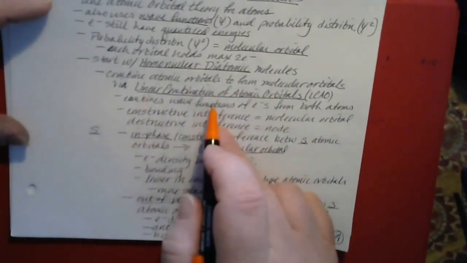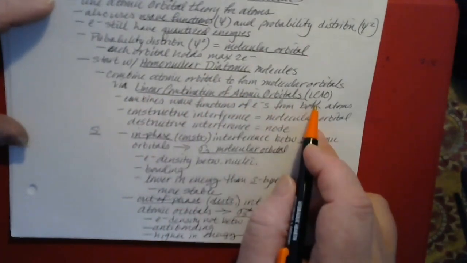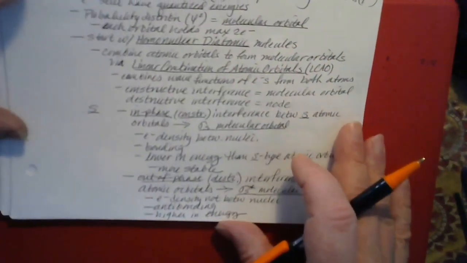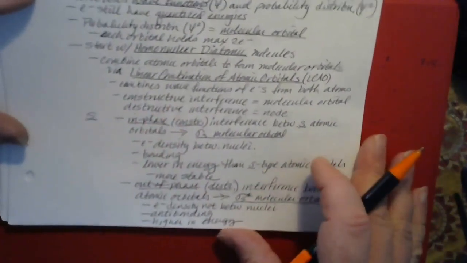The way that the orbitals are combined to form molecular orbitals is called linear combination of atomic orbitals. Basically, the atomic orbitals just sort of meet in the middle as a molecule, and we look at how they come together. That's a very simplified explanation of how it's actually done.